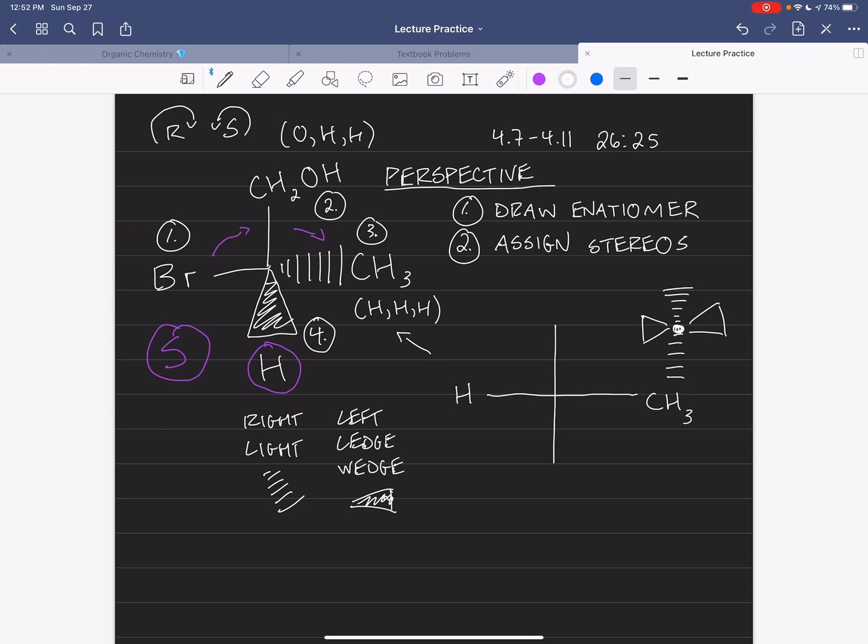The CH2OH, now I think technically, because this is the most oxidized carbon, it goes up at the top, and that's why it's already at the top here.